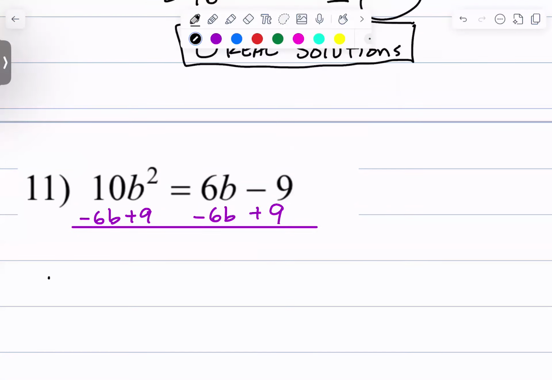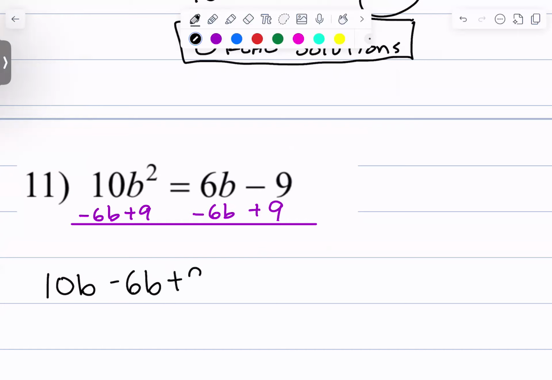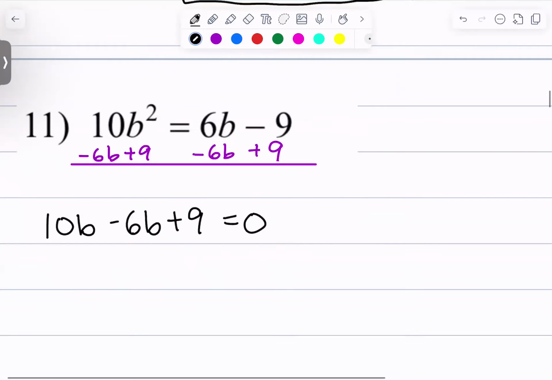So this 10b squared needs to be positive 10b squared. I just want you to get used to that, because when we get into solving, it's going to be easier to factor, easier to use the quadratic formula, or to solve it in general.